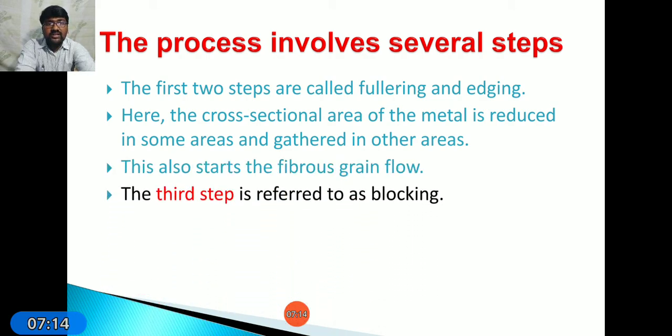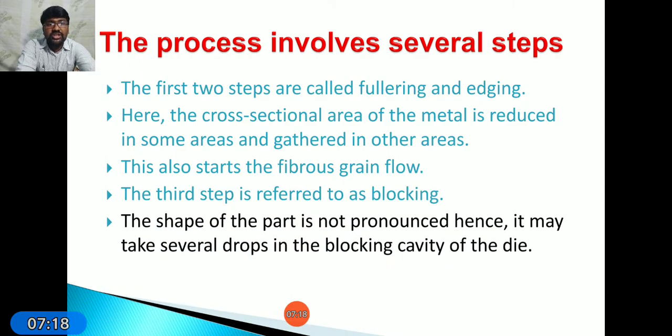Next, the third step is referred to as blocking. The shape of the part is not pronounced, hence it may take several drops in the blocking cavity of the die. In that case, we have to block the workpiece by using the die.